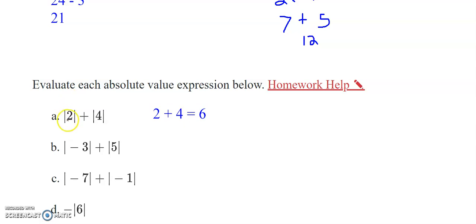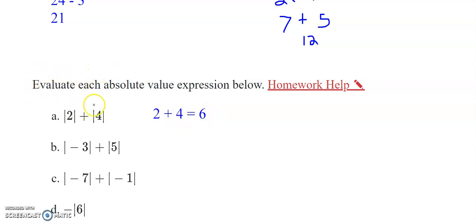That's why whatever's inside you rewrite as a positive number. So the absolute value of 2 is 2 because it's 2 spaces away from 0 on a number line. The absolute value of 4 is 4 because it's 4 spaces away from 0. The plus sign is in the middle, so that sticks right there. And we have 2 plus 4 equals 6.